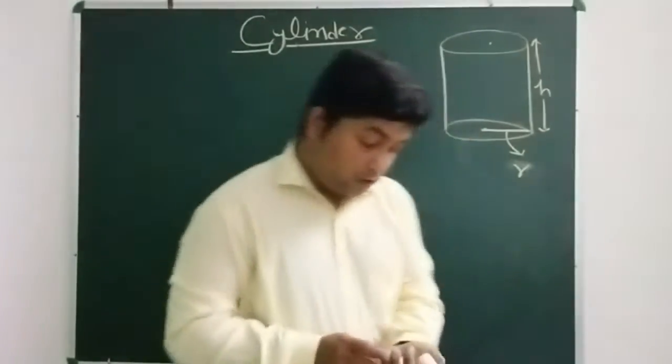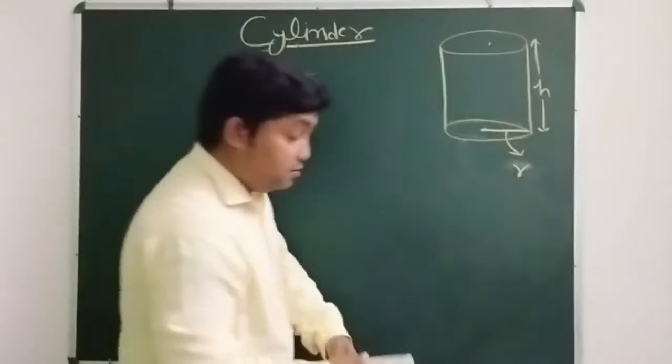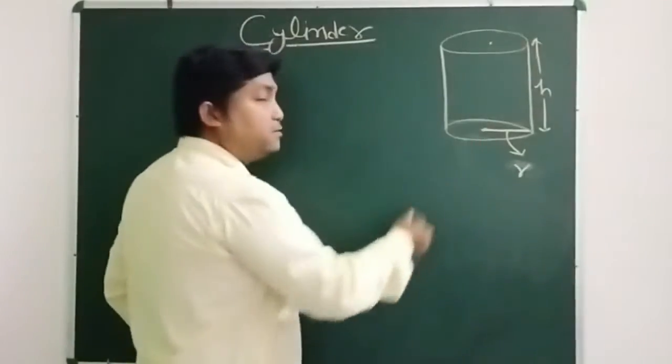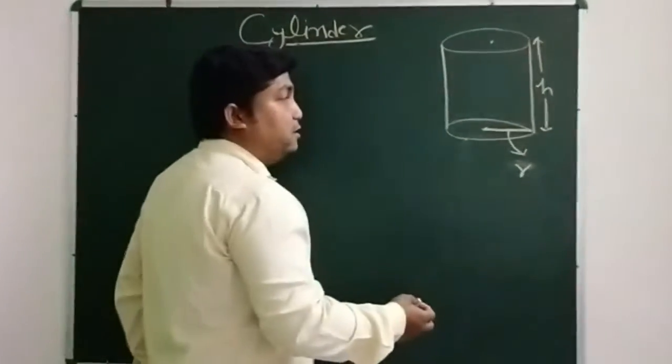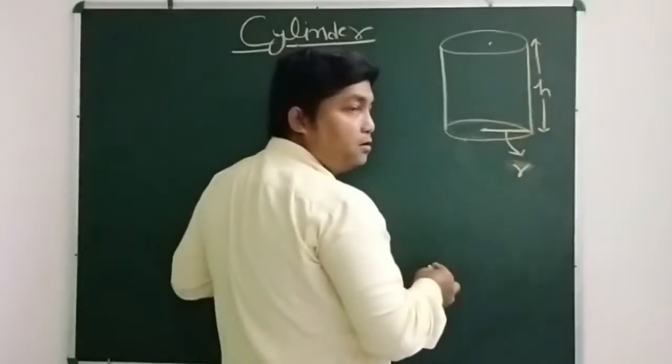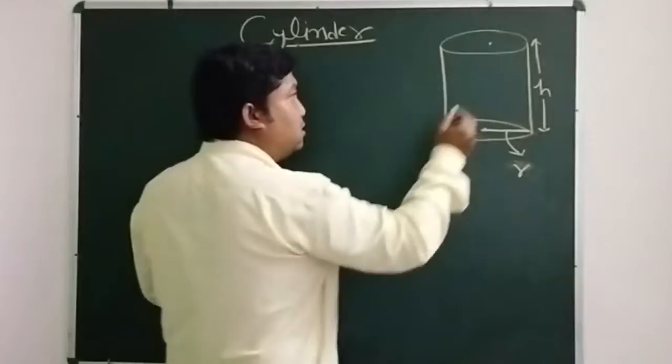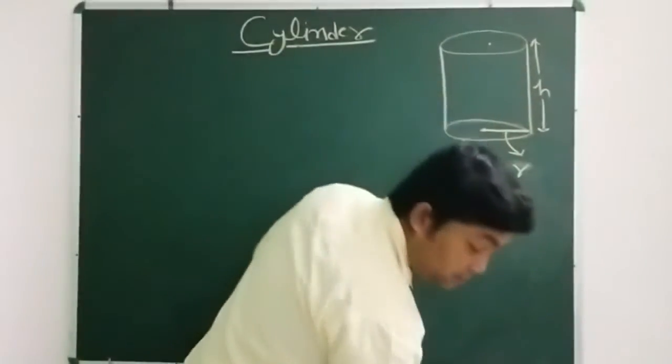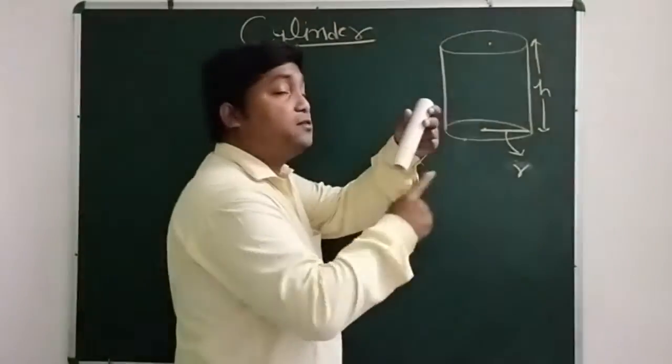Okay. So here we have a figure of the cylinder on our green board. You have seen there is a height h and radius r. If we want to find the curved surface area of the cylinder, what is the meaning of curved surface area? It means the surrounding part.